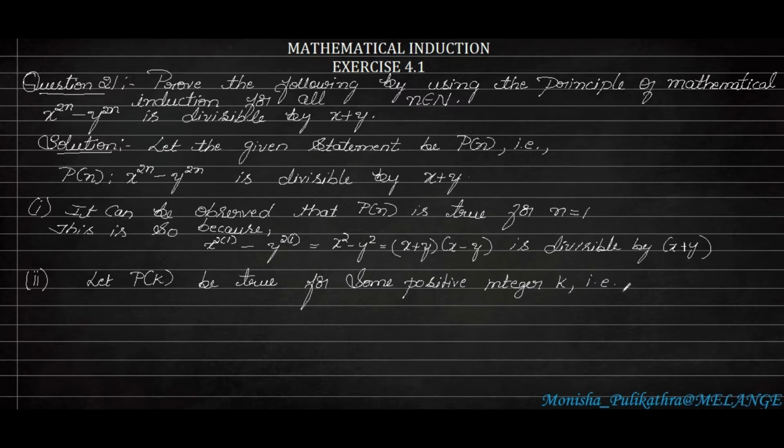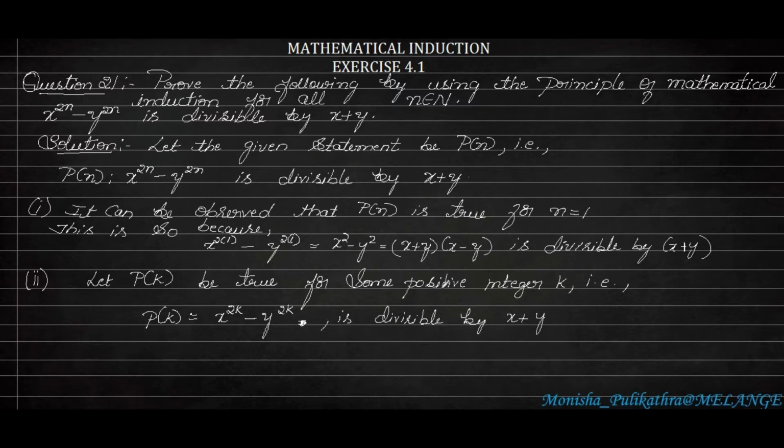Wherever n is there, in that place you substitute k. So P of k, that is x to the power of 2k minus y to the power of 2k, is divisible by x plus y.